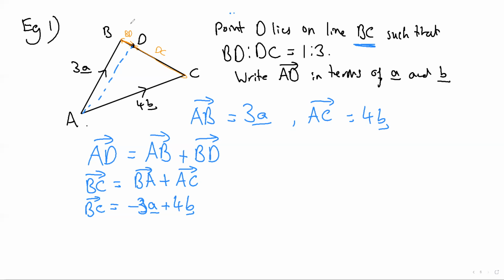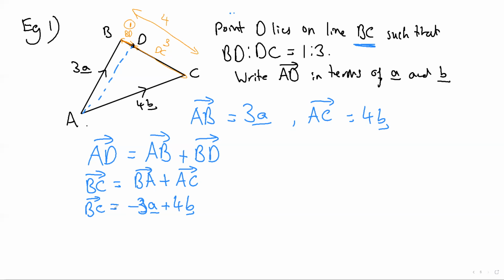So for every 1, this will be 3 times that. If we take this as 3 units and this as 1 unit, the total number of units, BC, will be 4, but we only want the one unit. We only want BD.